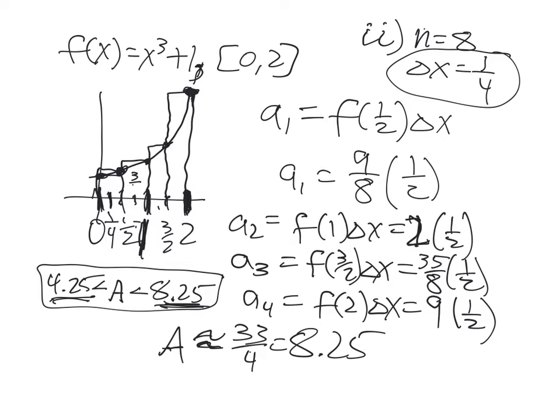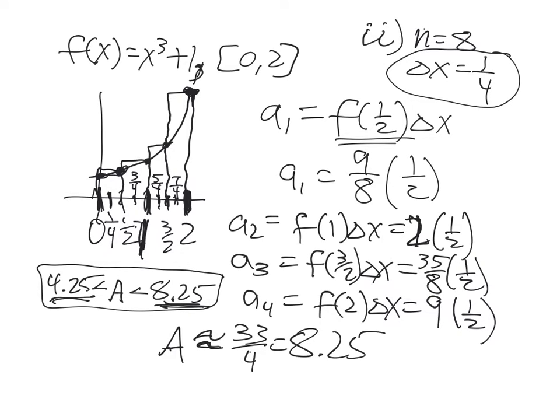This is where we get really cluttered and try to do too much on one graph. Then 1, 5/4, 3/2, 7/4, and then 2.